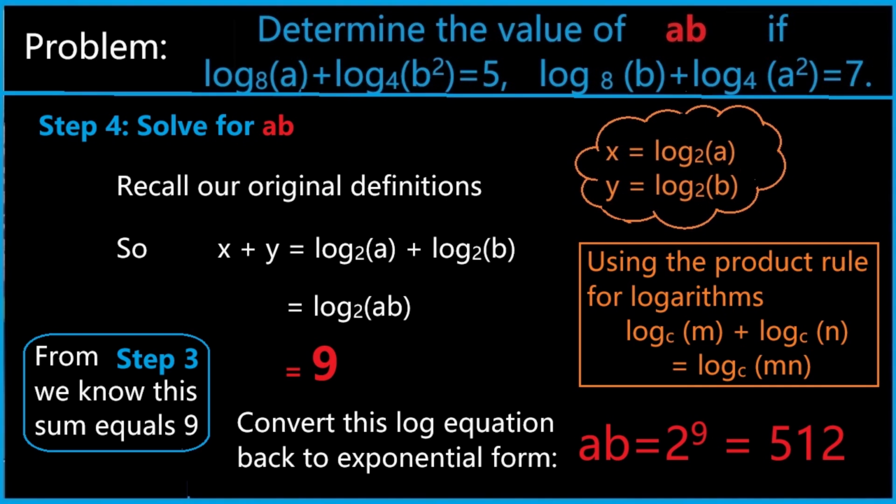Log₂a plus log₂b equals log₂ab. From step 3, we already know this sum equals 9. Converting this logarithmic equation back to exponential form gives the product AB equals 2 to the 9, which evaluates to 512.